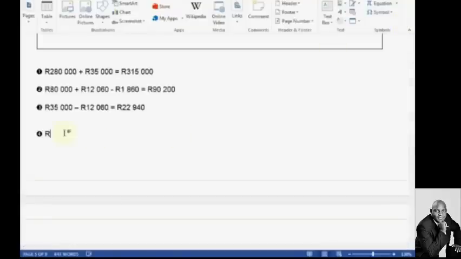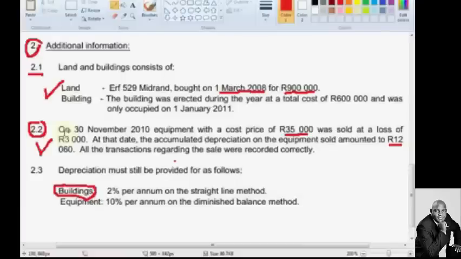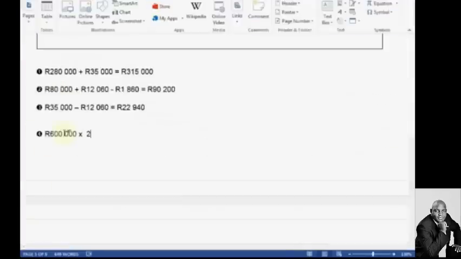Number 4. Okay, so we know that we built that building for 600,000, right? Times that by 2% per annum. Then we get our depreciation. 600,000 times 2%.